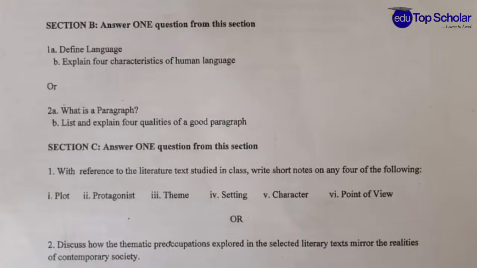Then another feature is that there must be brevity. Your paragraph must be brief. Don't forget you have other ideas to express, and you should not waste your own time and the time of your reader in just one paragraph. So you must be brief. Then your thoughts, your idea must be complete.